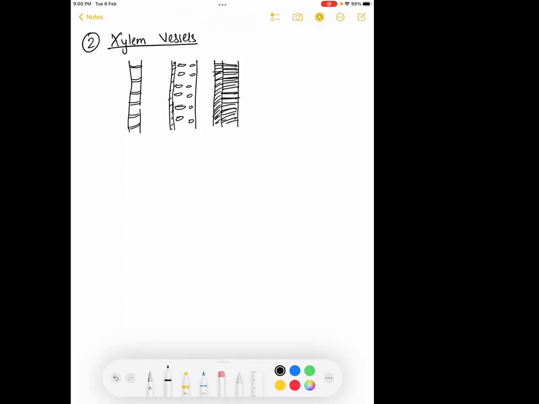Now, I'm trying to show you that there can be different types of xylem vessels, okay? And it can look very different in every case. But the main thing is, water is transported through here. So these are called lumen.